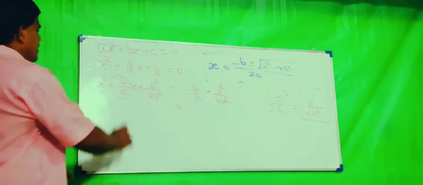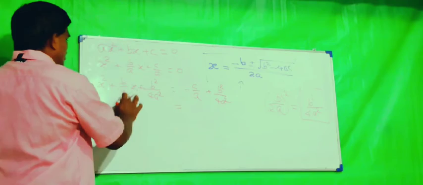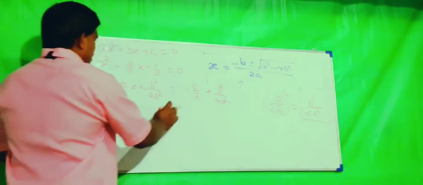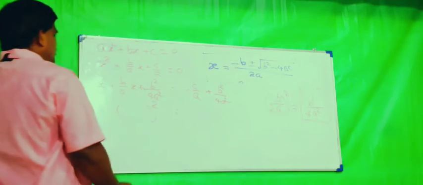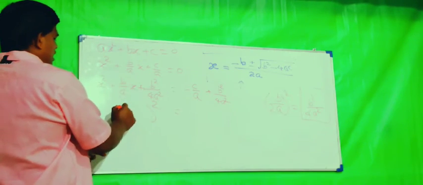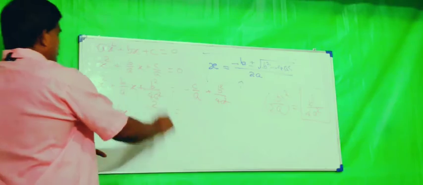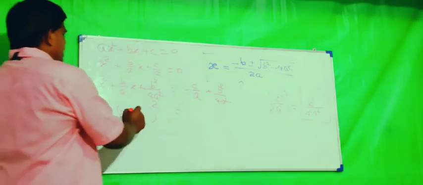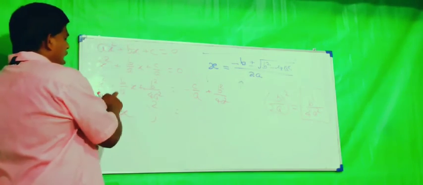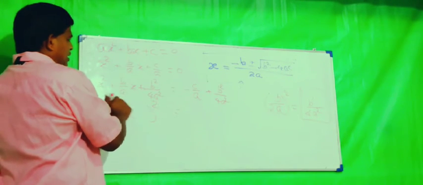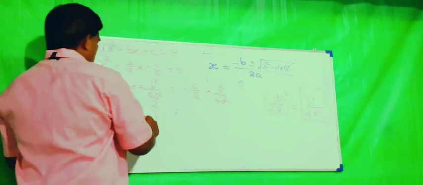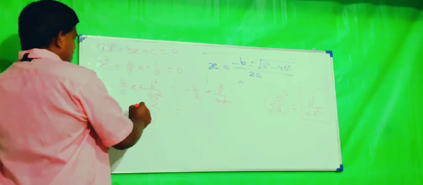So then the left side can be given as the complete square in this form. The first term is exactly this x. Then the second term should be half of the coefficient, which was discussed just earlier.